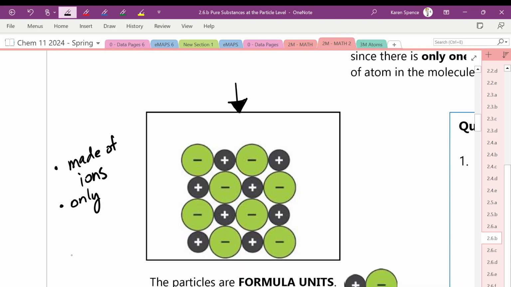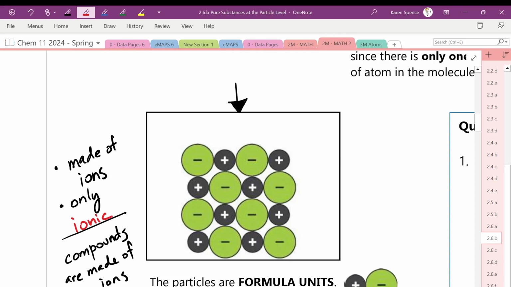Compounds are made of ions. Only what type of compounds are made of ions? Only ionic compounds are made of ions.